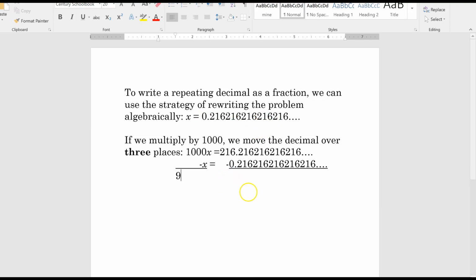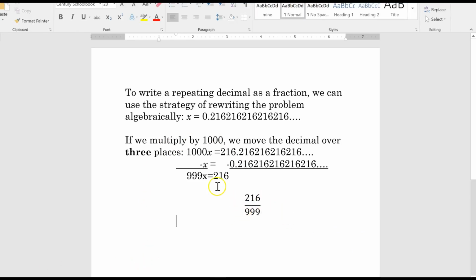So now we have 999x, right, is equal to, and what do you get when you subtract there? You get 216. And so what's your fraction going to look like now? Think about it for a second.